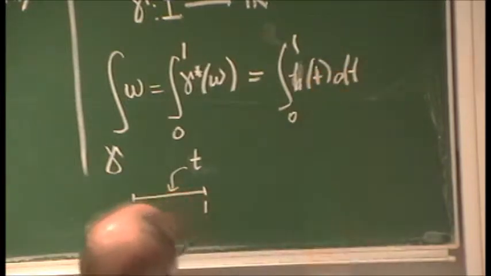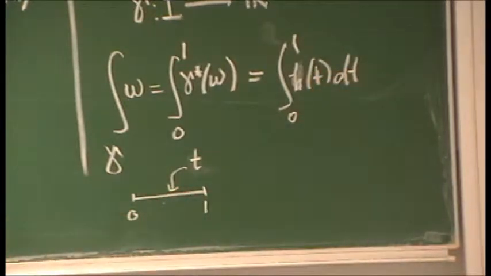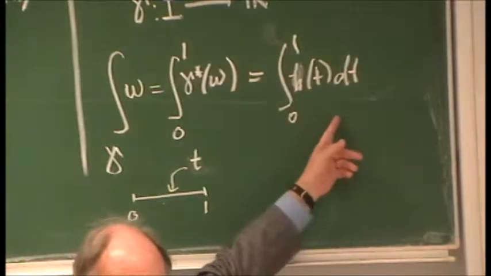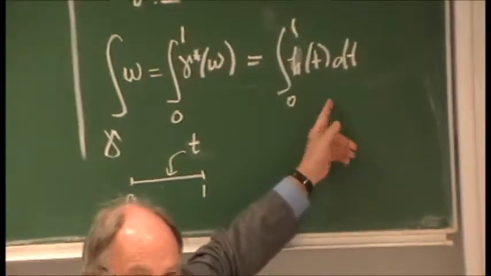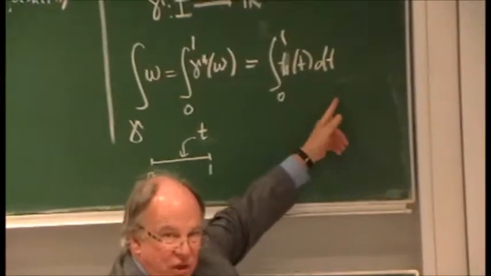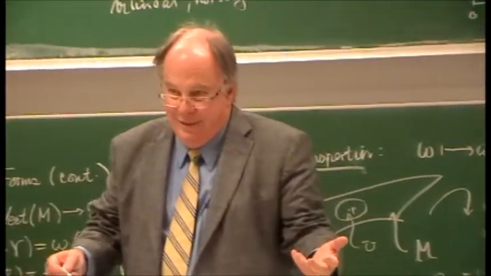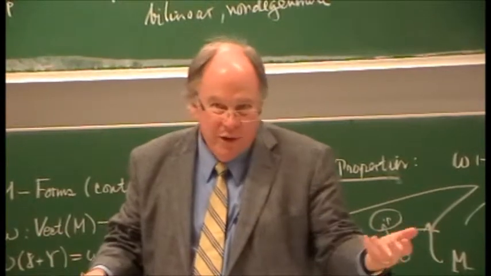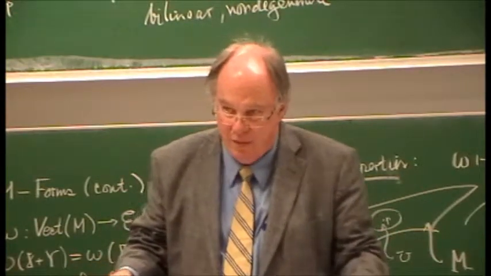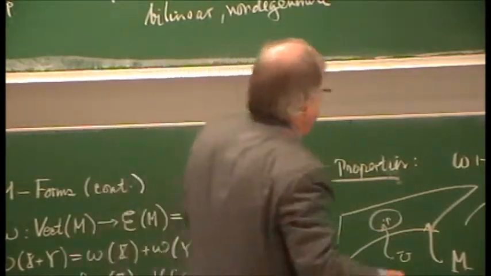And I mean here the integral you learn in high school, the high school integral, h of t dt. This is a smooth function, so it's easy, you know how to integrate a smooth function. This is nothing subtle. So you have to figure out what h is.